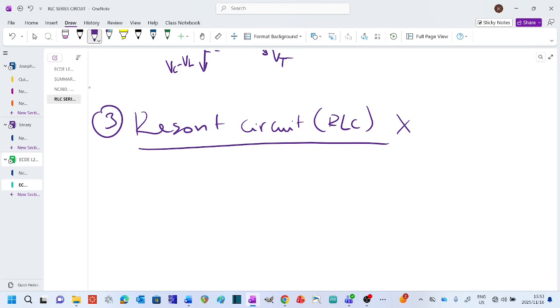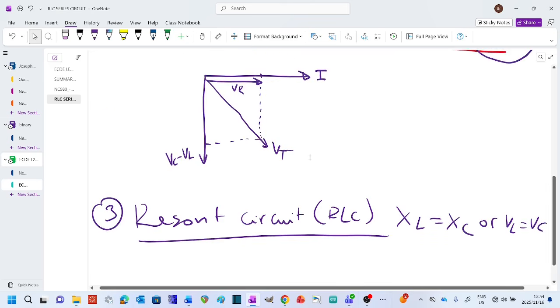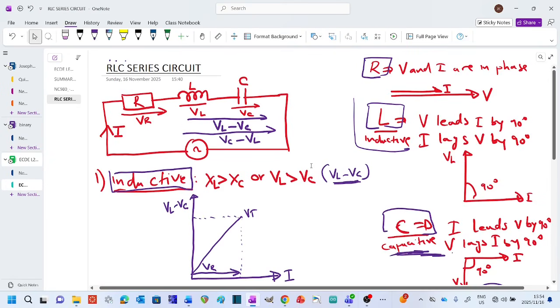It means XL is equal to XC, or VL is equal to VC. So which means they are both equal. So it's going to be easier for you to draw the phasor diagram for that, and then to draw the phasor diagram for a parallel circuit. But this is the basic idea, the concept, so you get the idea of how to draw it.